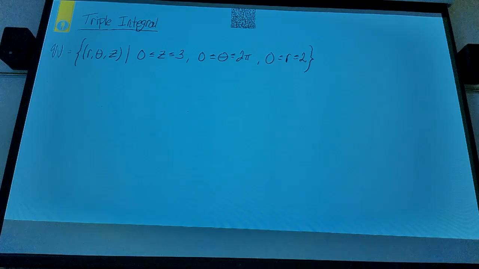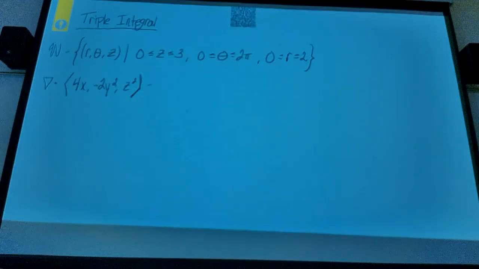We also need the divergence. What is the divergence?